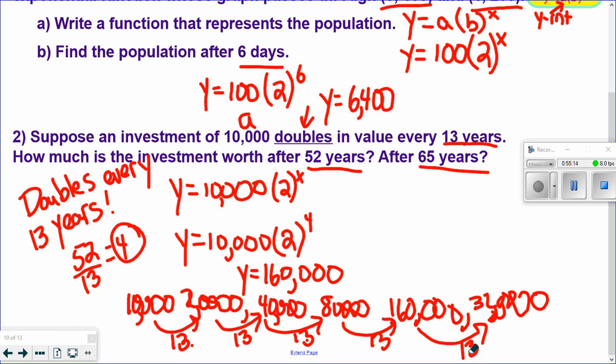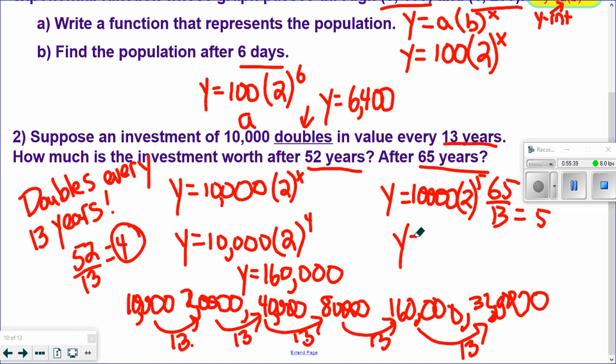In total, 13 plus 13 plus 13 plus 13 plus 13 is 65. You could do this one by hand, but you would take 65 and divide by 13, and you would get 5. The way it would look here is $10,000 times 2 to the fifth power, and it would be 320,000.